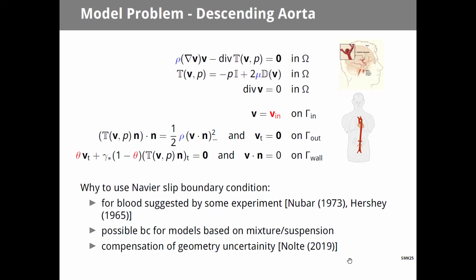And the third observation is that, as I mentioned, the segmentation process gives you your domain, but the location of the boundary is always quite imprecise. So it depends on the resolution of the imaging method. So you can think of a slip on the boundary as some compensation of the fact that you don't know exactly where the boundary is. So prescribing on this artificial boundary no slip might be a better approximation in this case.